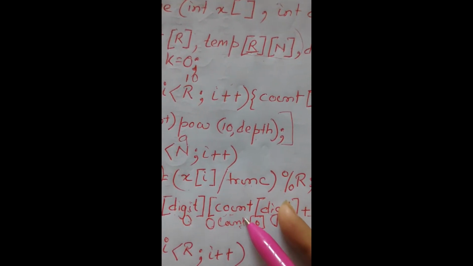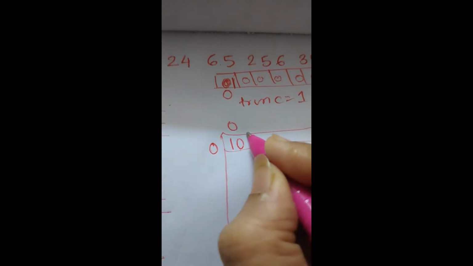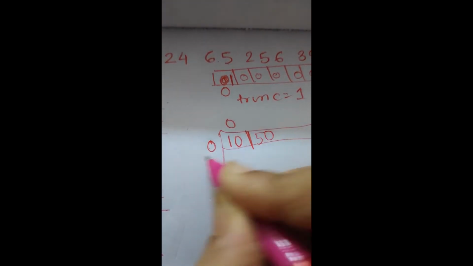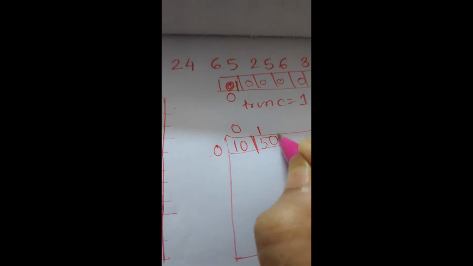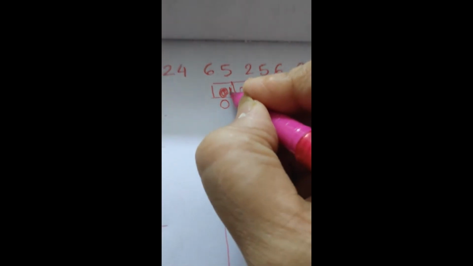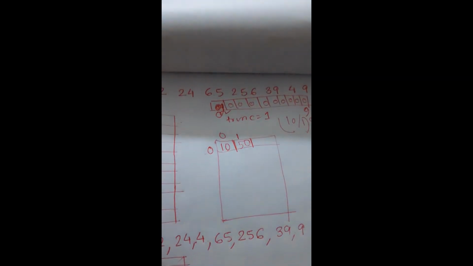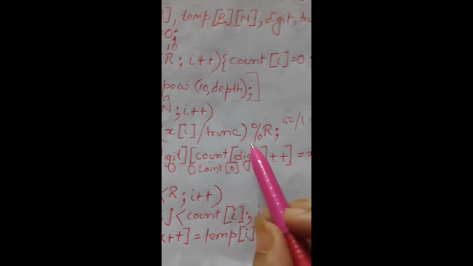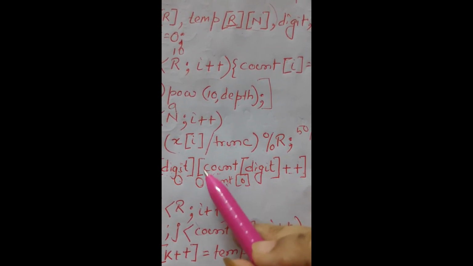So in the 0th row and in the first column of this 0th row, we place the number 50. So you see over here we are placing the number 50 in the 0th row and in the first column, and this count value is becoming 2 because there is a plus plus after the storage of the number. There is a plus plus over here, so the count value becomes 2.